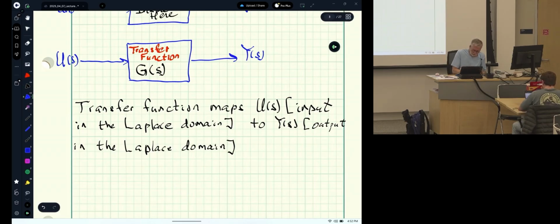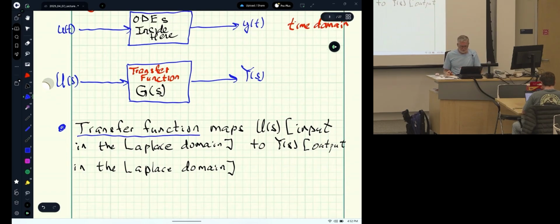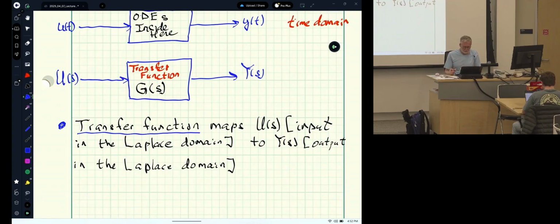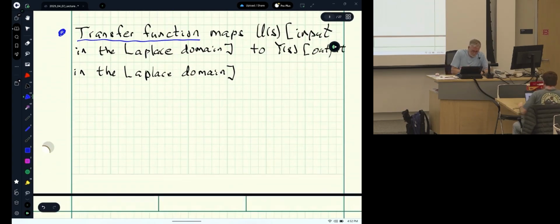Okay, so that's the qualitative notion of a transfer function. We'll define it more mathematically, but it's whatever you have to have. So I said, if you know the Laplace transform of the input, you can compute the Laplace transform of the output.